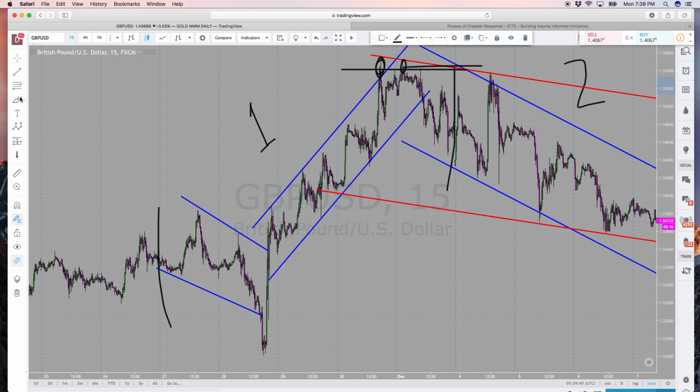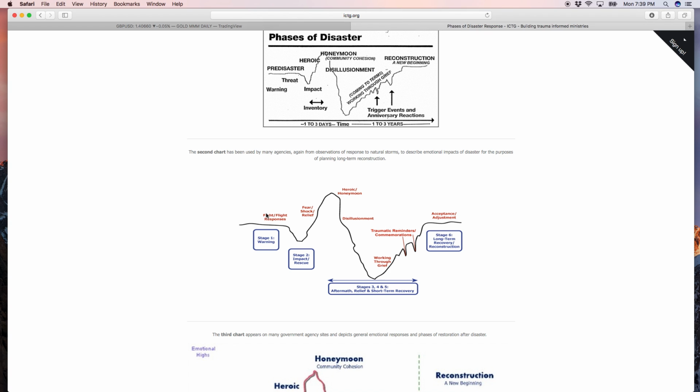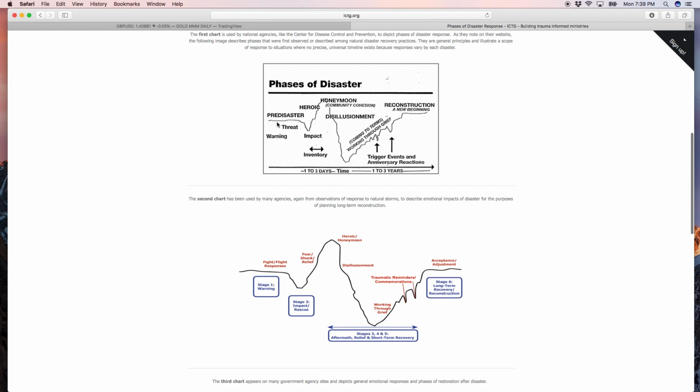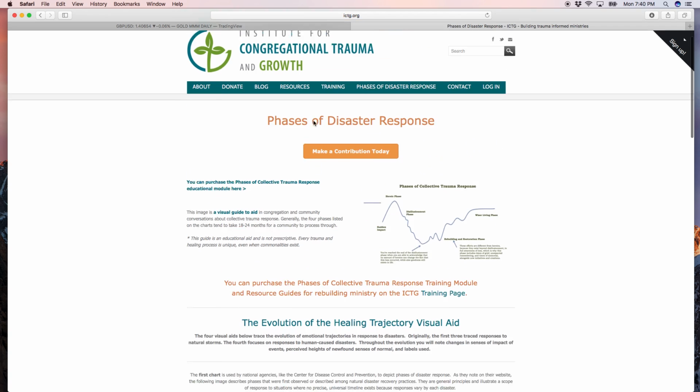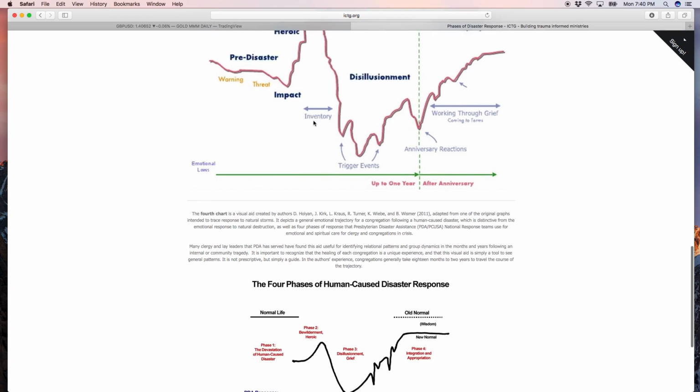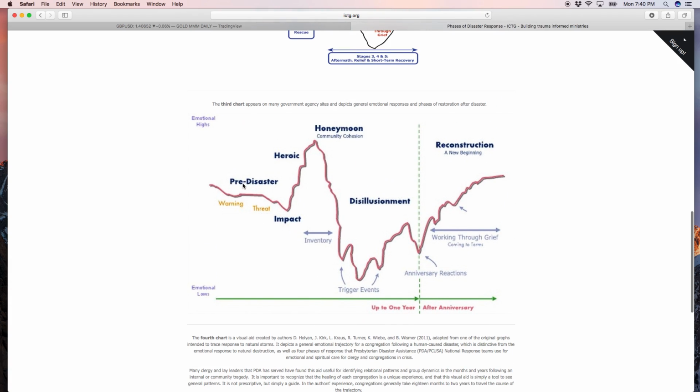We have the consolidation, right, which is the pre-disaster, the warning, the threat right here. The impact, or well, basically that's a bad example. This is a good one.